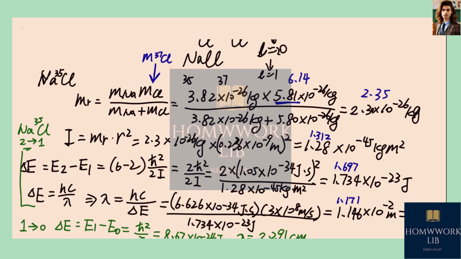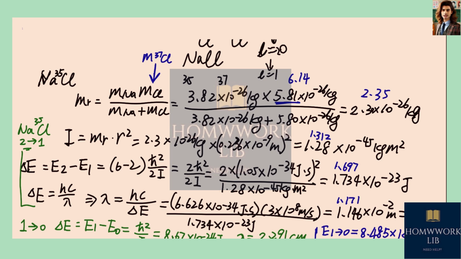And then if you find the transition from L equals 1 to 0, the energy is 8.485 times 10 to the negative 24 joule.